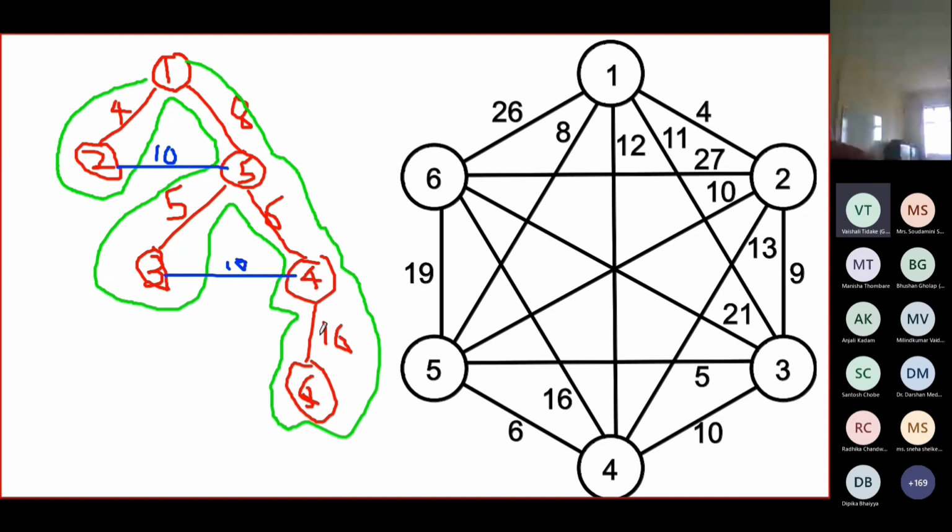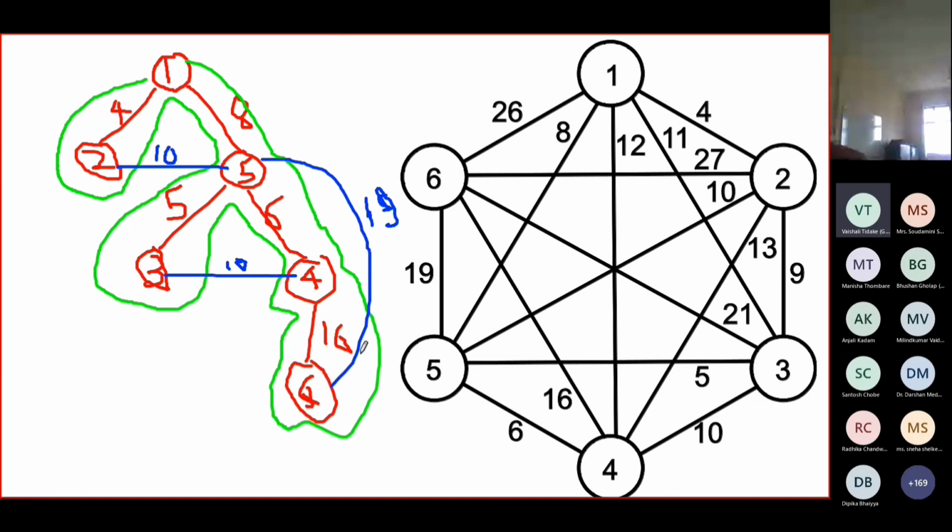Similarly, from 4 you are going to 6, but 6 to 4, so 4 is revisited. So why not directly go from 6 to 5? 6 to 5 has the distance 19. So you can see that 6 plus 16, that is 22, is larger than 19. So 22 is replaced by the edge 19.